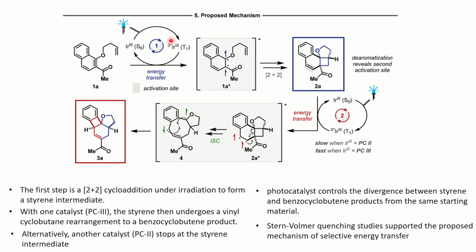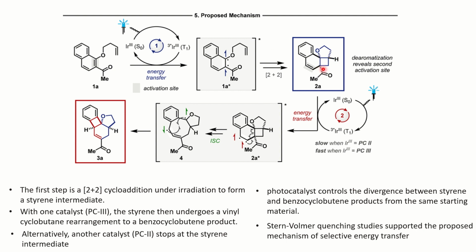This singlet to triplet energy transfer causes a lot of change in your starting material. Because of this energy transfer, this double bond now forms a diradical species, and it undergoes 2 plus 2 cycloaddition with this alkene and forms this de-aromatized cyclobutane sort of product.